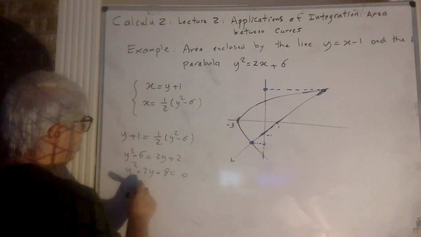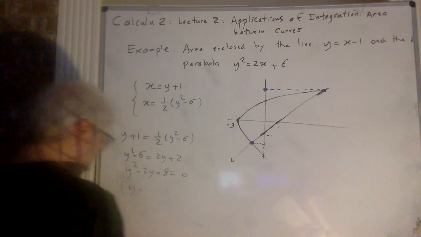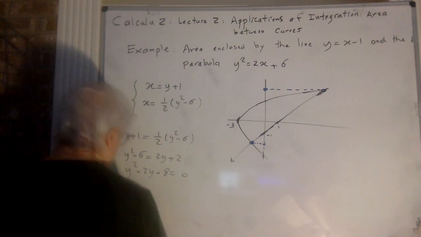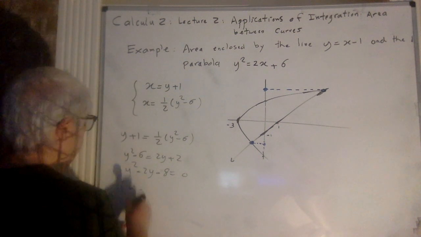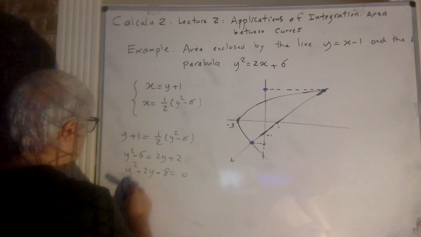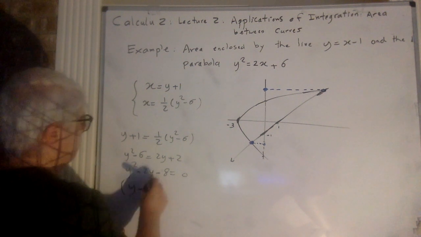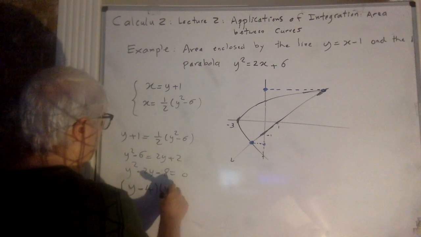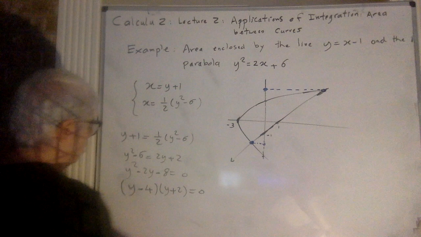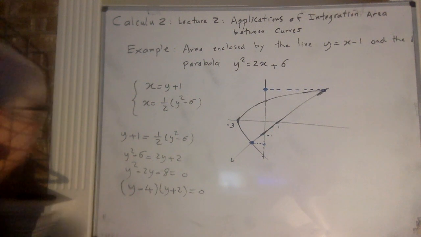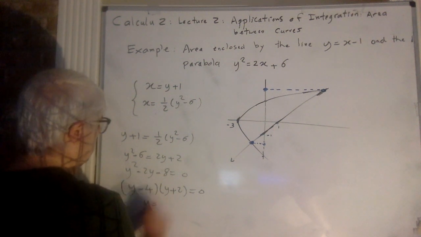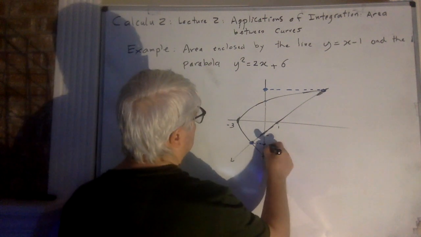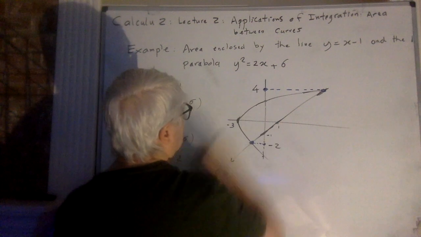So that is y minus 4 times y plus 2, so y will be 4 and -2. So this point is -2 and this point is 4.